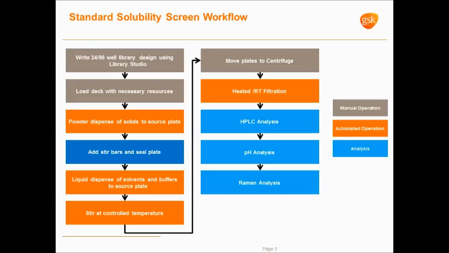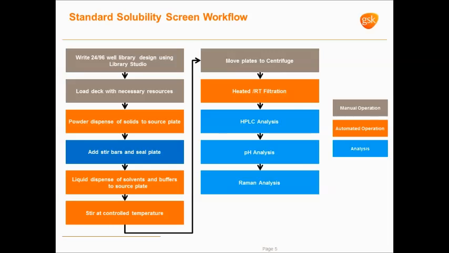So this is a standard solubility workflow that we do in our lab. There are a few manual steps right now. We design our experiment using the Unchained Lab software Library Studio, either 24 or 96 wells. Then we load the API and the solvent on the deck.